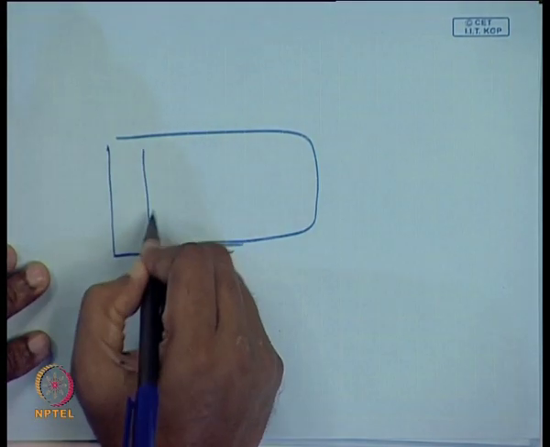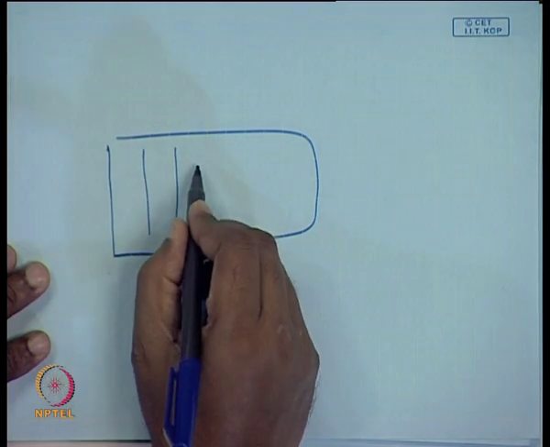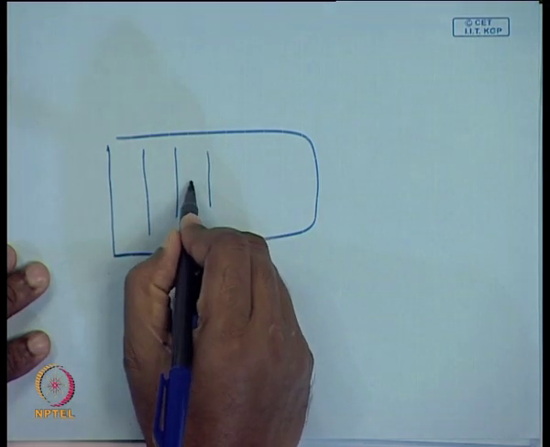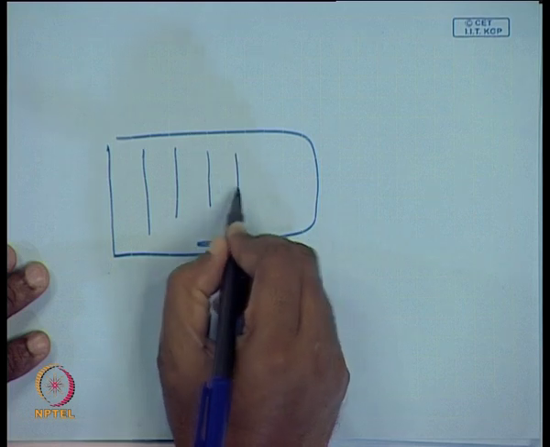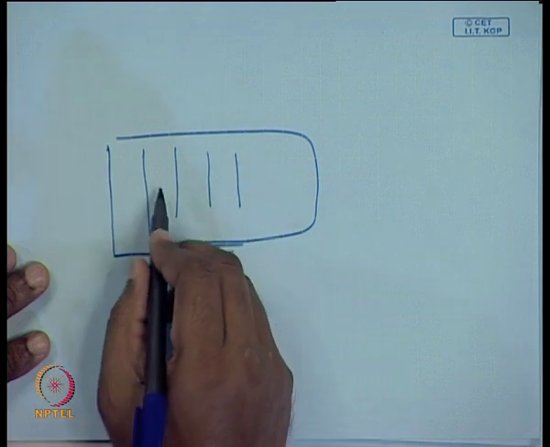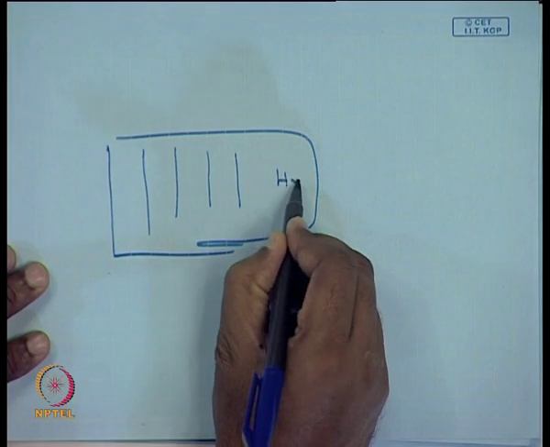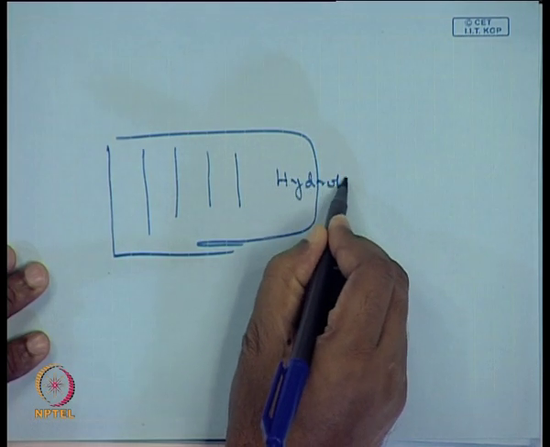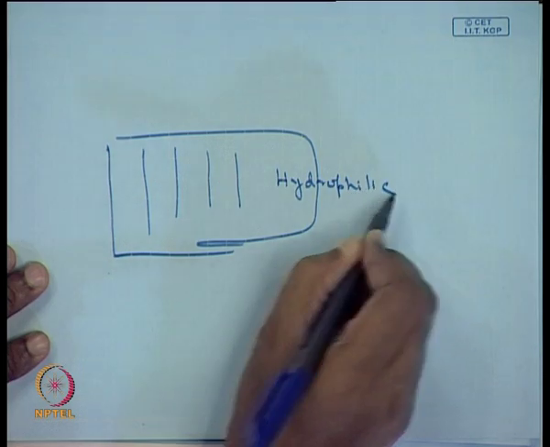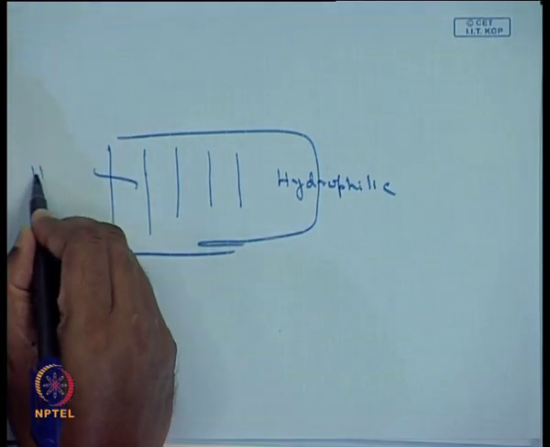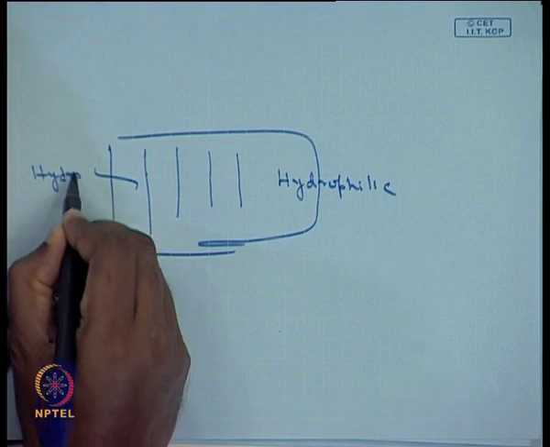So, if I have one strip which is highly hydrophobic, the next strip slightly less hydrophobic, and so on. As I move in this direction, the hydrophobicity decreases. So, this portion is truly hydrophilic and this region is hydrophobic.